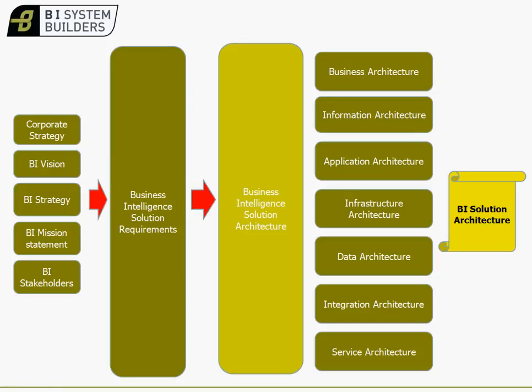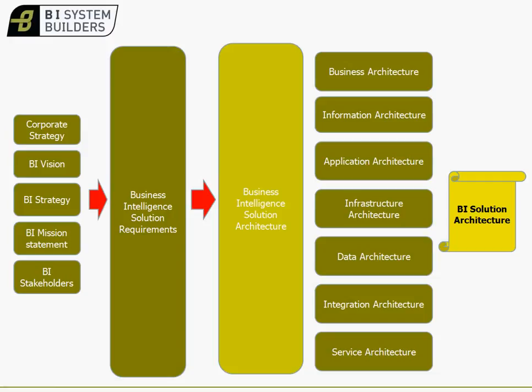But what you should be cognizant of, and if you don't know them, you need to go and find them, are the things on the left hand side: corporate strategy, a BI vision, the BI strategy, a BI mission statement, always useful to write a mission statement because it crystallizes your thinking, and the BI stakeholders. So these are the senior people that are backing the BI initiative.